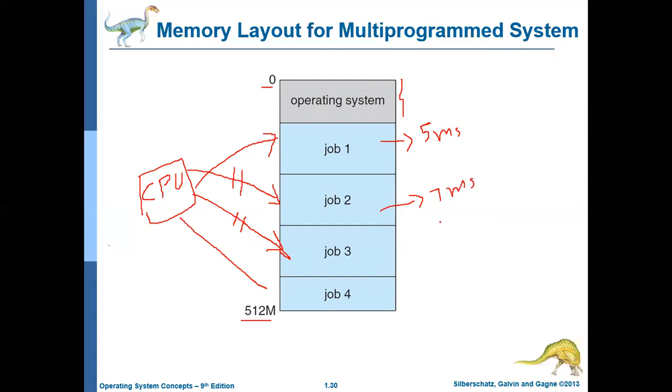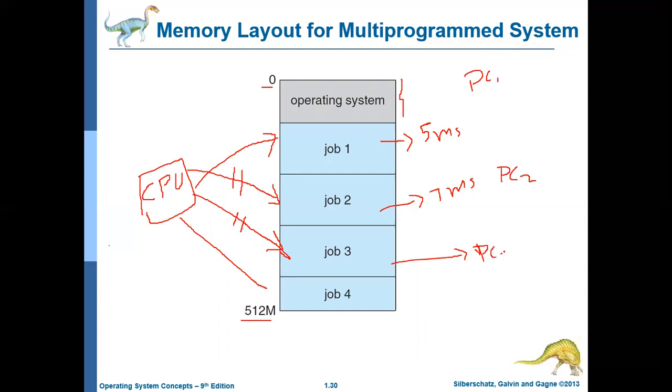So there will be a different program counter for different jobs. For job 1 there will be a program counter, let us call it PC1. For job 2 there will be another program counter, say PC2. For job 3, PC3, and maybe PC4 for job 4.